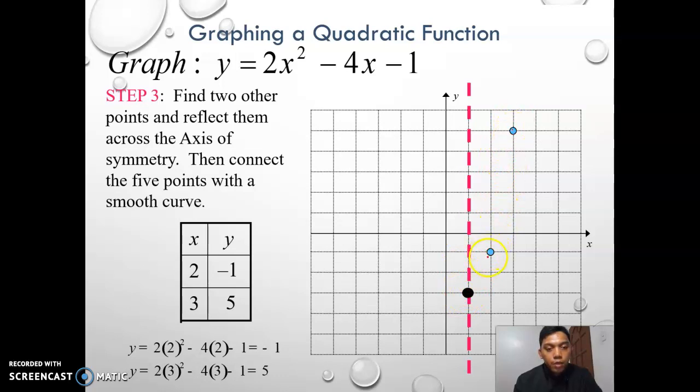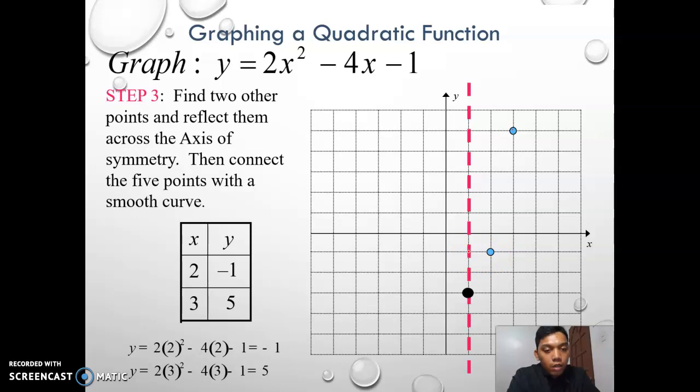Before you connect them, you reflect these points first. How do we reflect these points? We can reflect those points across the axis of symmetry by counting the distance of these points from the axis of symmetry. For example, this one is 1 unit from the axis of symmetry.